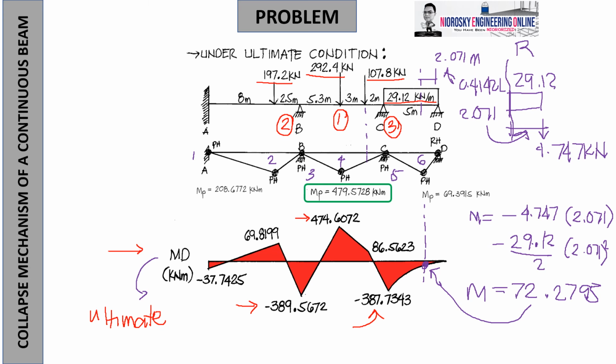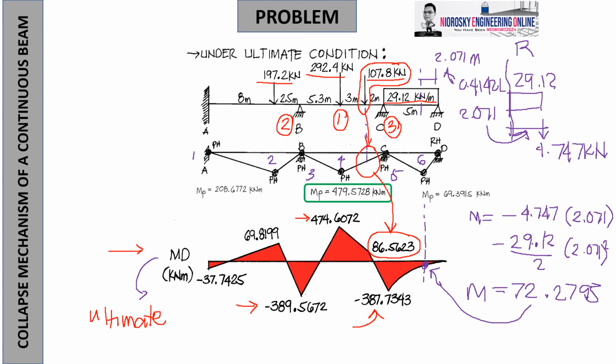So, which is we have the 86.5623 as ultimate, which is located on, actually, we cannot select this. Why? Kasi itong 86.5623 is taken from the load below the 107.8, which is, in fact, wala tayong hinging na nakikita dito. Okay? So, therefore, this load cannot be a selection, okay, as instructed.